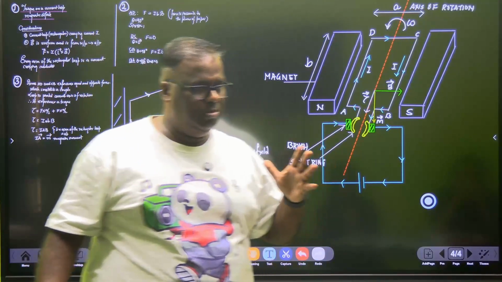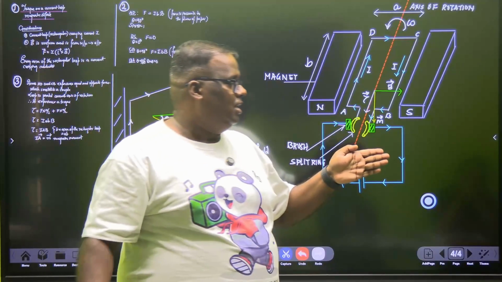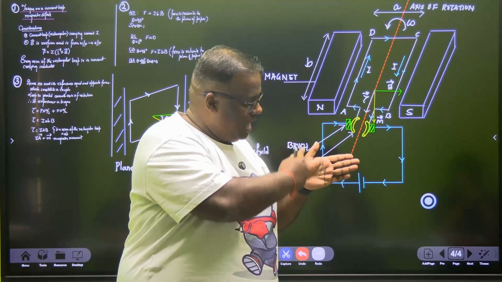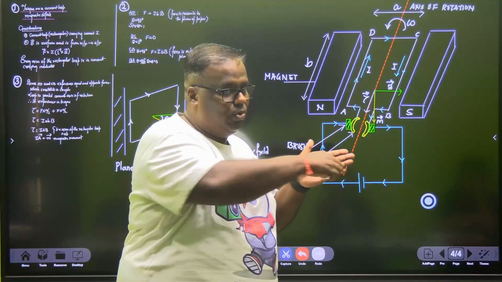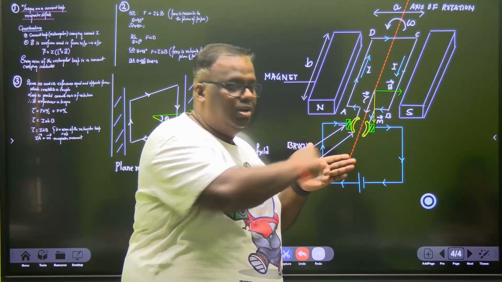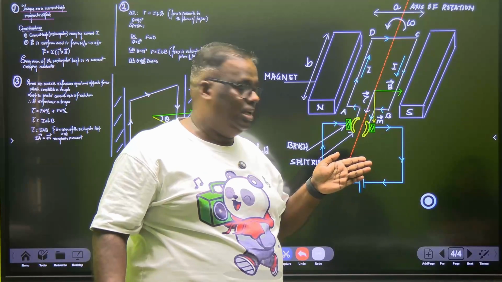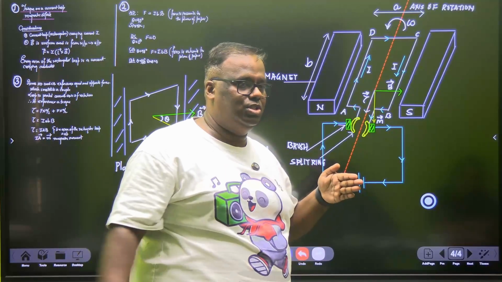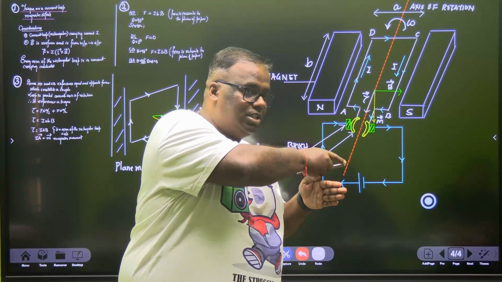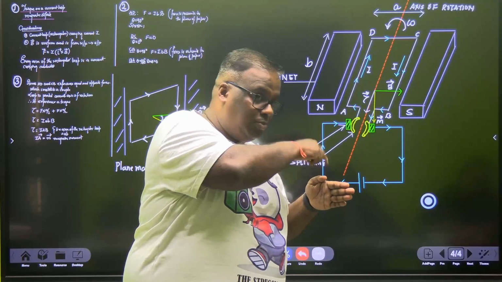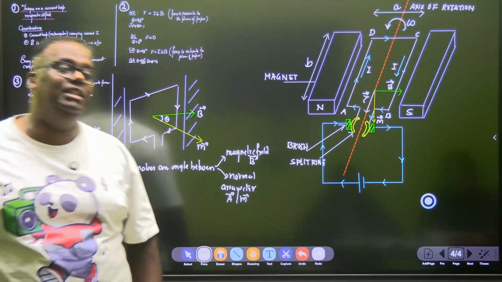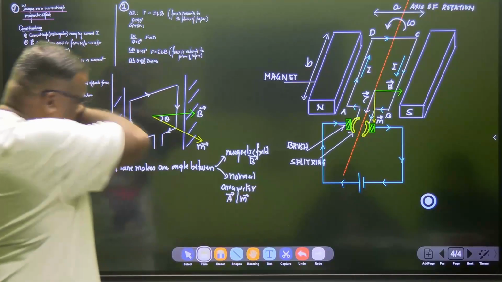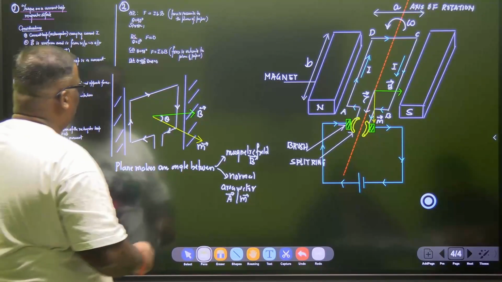Are you able to understand what I'm saying? Earlier, this was my axis and this is the force, so your perpendicular distance was just A. Now you have shifted by theta. So the A has become the hypotenuse and your perpendicular distance has shortened. That perpendicular distance is now A sine theta. So we can make the diagram also, so that we make it smaller at one go.